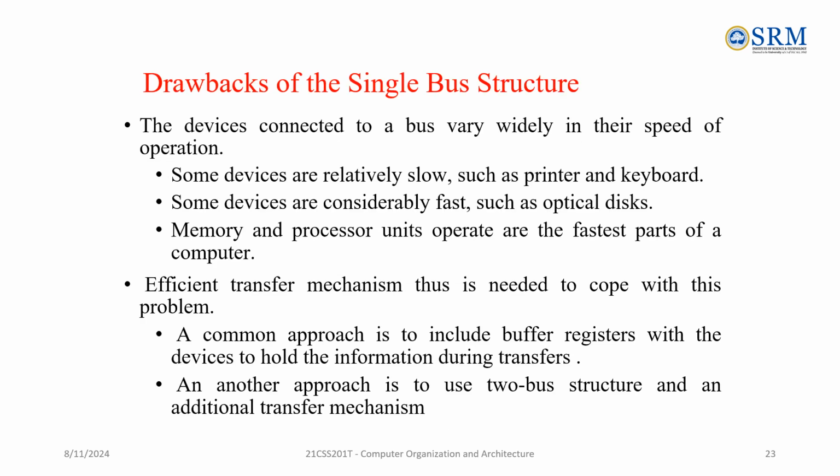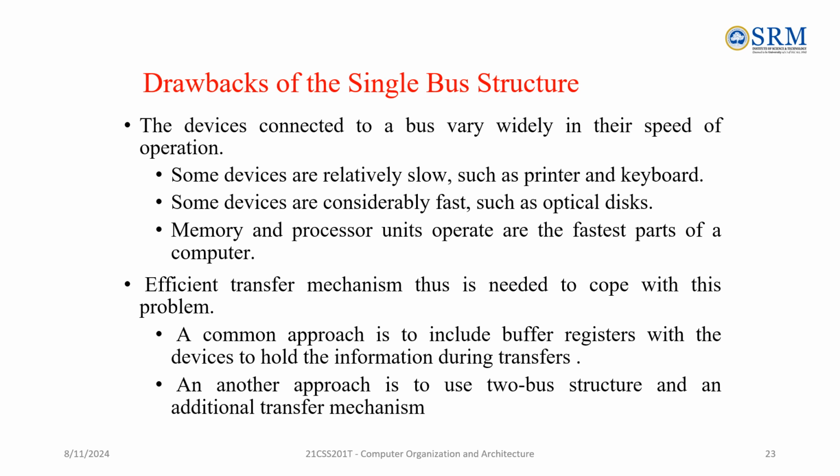The drawback is that it is relatively slow. Devices vary widely in their speed of operation. Some devices are relatively slow, like a printer or keyboard. Some devices are considerably fast, such as an optical disc. Memory and processor units operate as the fastest part of the computer.